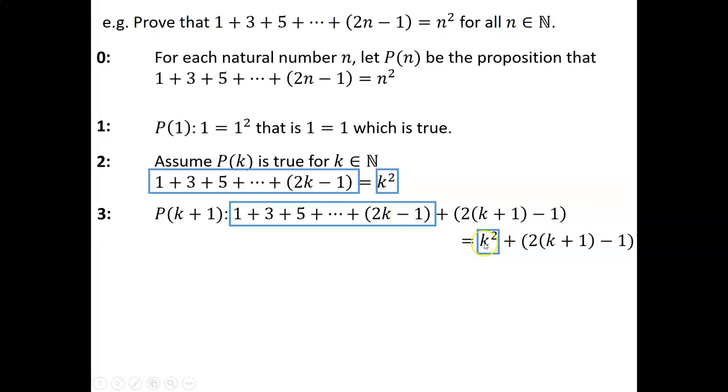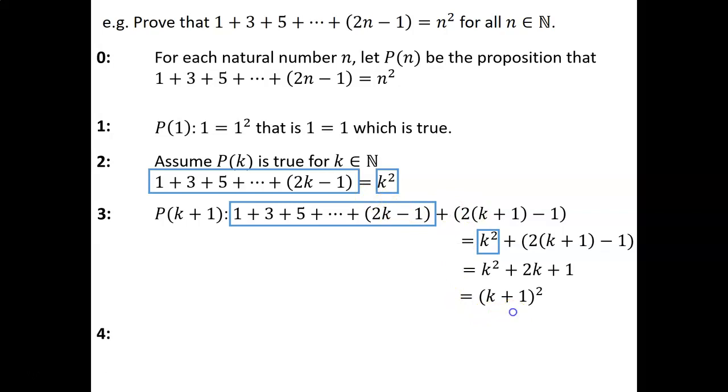So I can rewrite this as k squared plus this, which is just the same as this. Now I can expand the brackets and simplify. And I can factorise to get (k+1) squared. So I have shown that this is true for k plus 1.